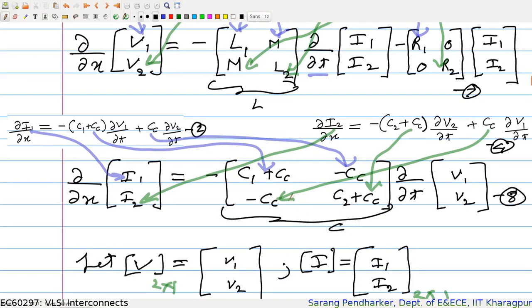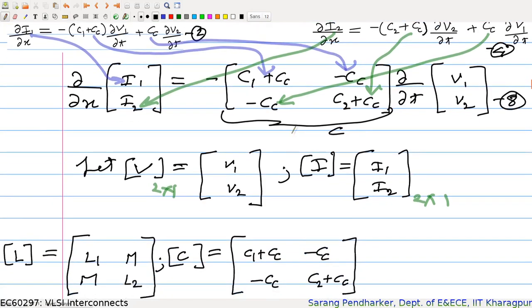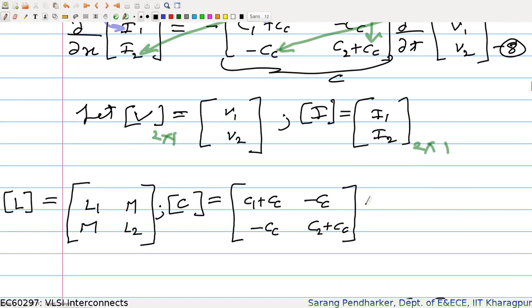If you recall, this is the same capacitance matrix which we had got for the case of two interconnects in the previous lecture when we were developing this matrix formulation. Then you have this R matrix, which is simply R1, 0, 0, R2.